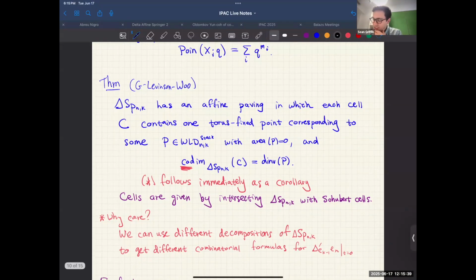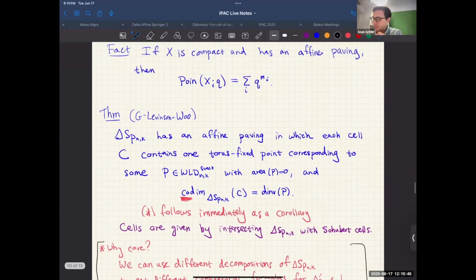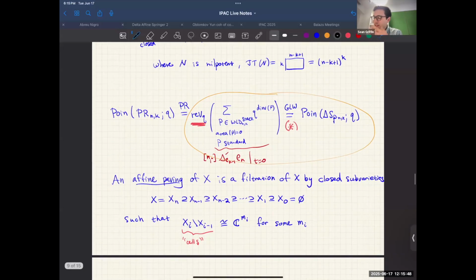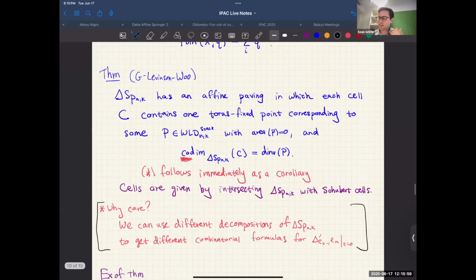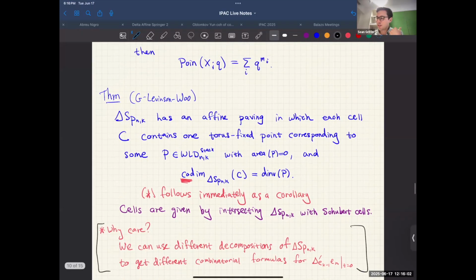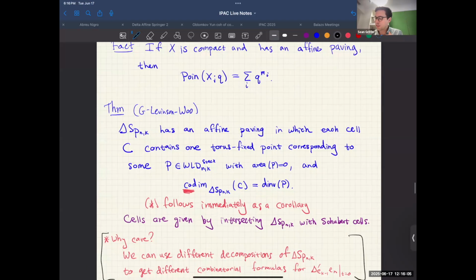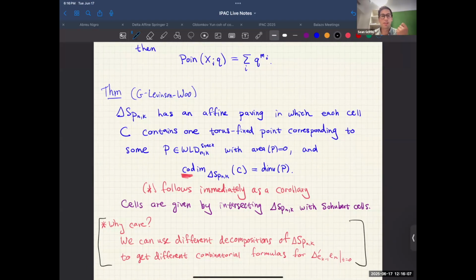And I wanted to point out why one should care about finding some geometric interpretation like this. Why realize some combinatorial polynomial as a Poincare polynomial? The reason I cared initially was because this theorem and the fact above tell you that different geometric decompositions of the variety can give you genuinely different combinatorial formulas for the polynomial. And I have used this fact a couple of times.